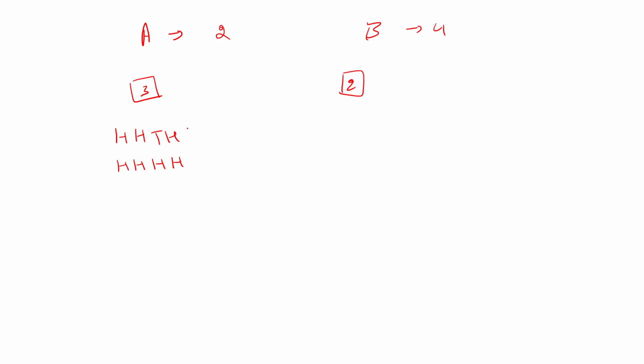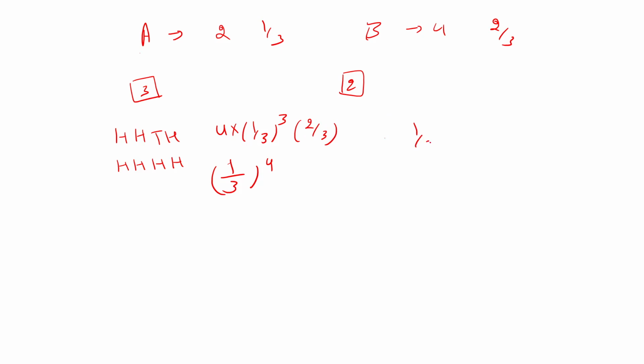So the chance of A getting finished first is 1 by 3, and this is 2 by 3, so we can treat it as an unfair coin. So this will be 1 by 3 to the power 4, and this will be 4 arrangements, and 1 by 3 to the power 3 and 2 by 3.